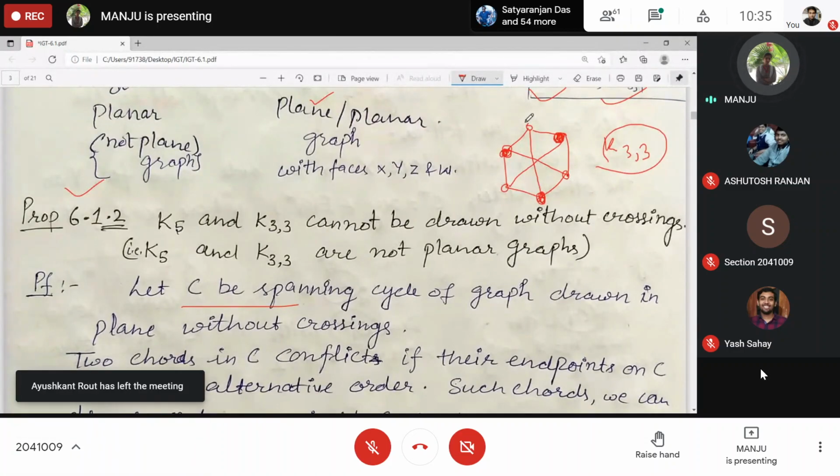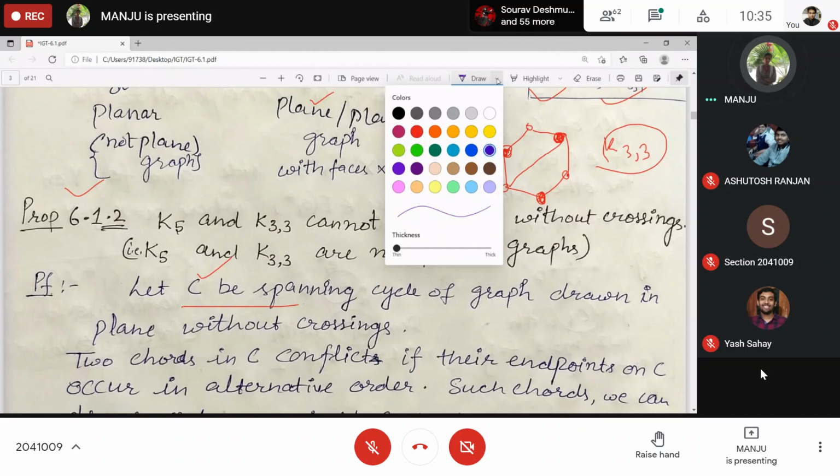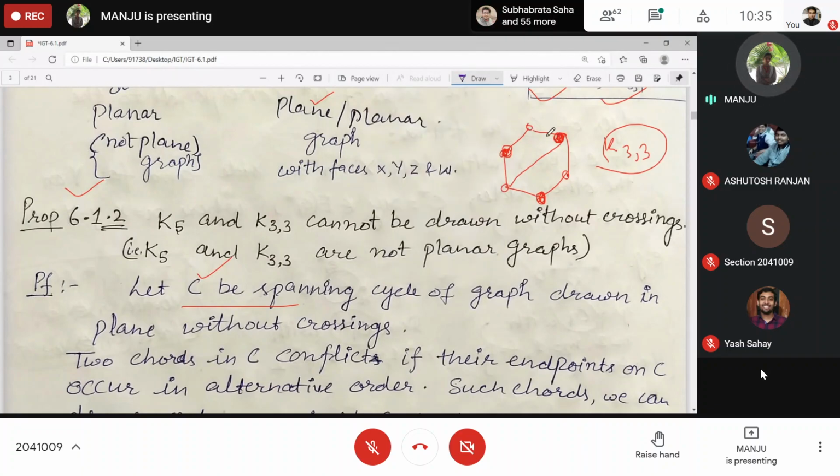This outer part you can see can be drawn without crossing. Obviously, we can draw this Cn part, in this case C6. And if we remove these two chords, we can easily draw this one inside and this one outside. This one we have drawn outside to make it planar.